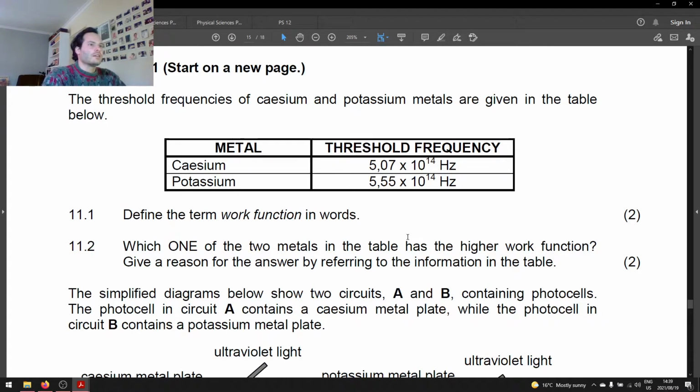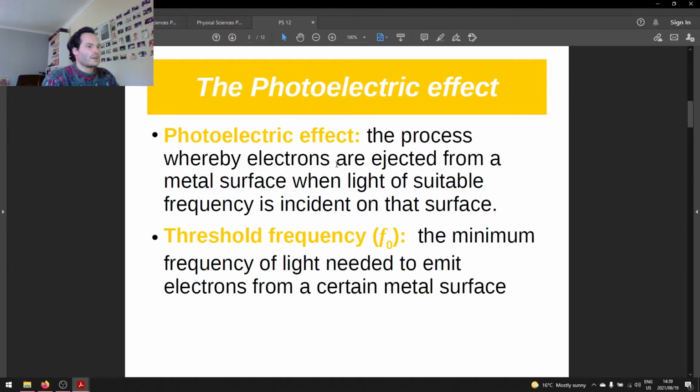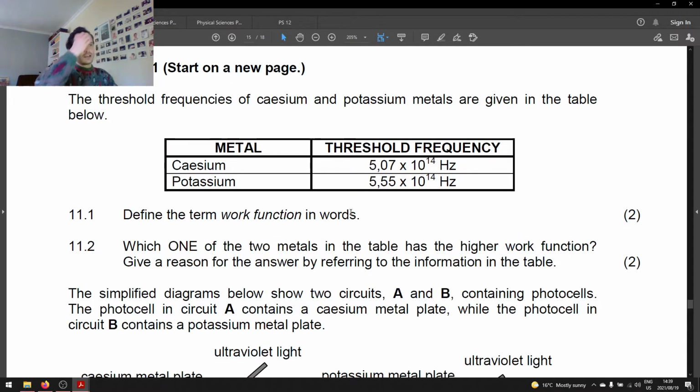They say here that the threshold frequencies of cesium and potassium metals are given in the table below. Both of those are metals. They don't give us the work function here, they give us the threshold frequency. So what's our threshold frequency? We said our threshold frequency is the minimum frequency of light needed to emit electrons from a certain metal surface. As you can see, both of these have two different threshold frequencies.